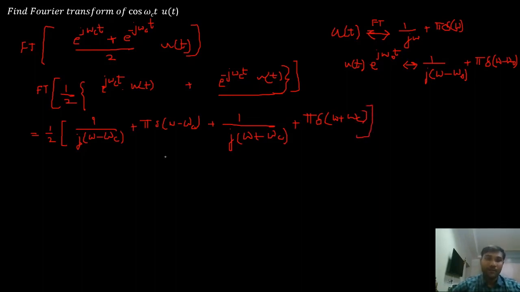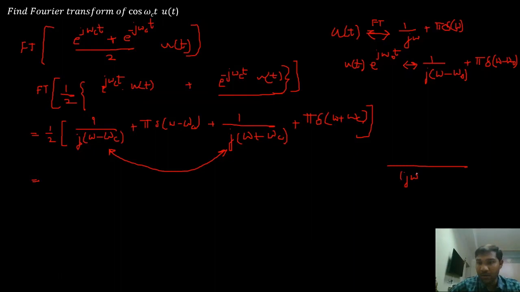now I can combine these two signals here, take an LCM. What will happen? 1 by j omega minus j omega c plus 1 by j omega plus j omega c. So in the denominator, what will I have? I'll have j omega minus j omega c into j omega plus j omega c.